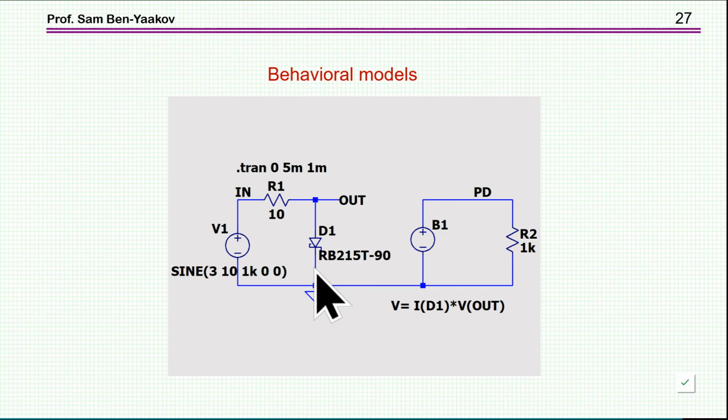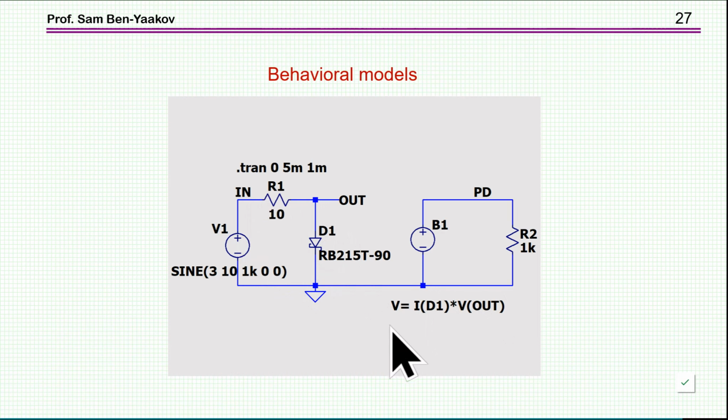So what is power? Power is current times voltage. So now you can invoke this behavioral source. A voltage behavioral source means that you can write here any equation that you want, which could be a constant, of course, or a function of variables which are obtained during simulation.